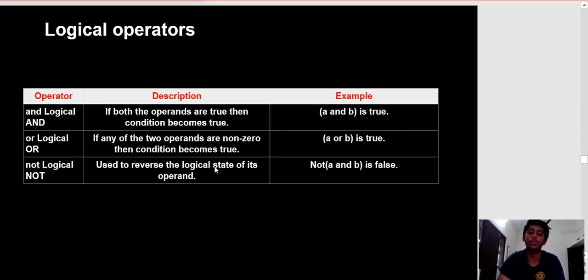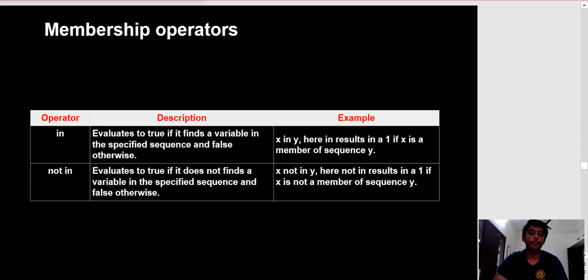Not logical NOT. It is used to reverse the logical state of its operand. That is, example is NOT of A and B. If the answer of A and B is true, NOT of A and B, it will be giving the answer as false.